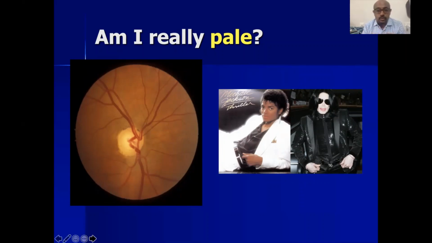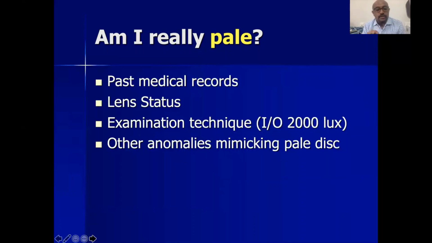If you knew that this disc looked pink in the past, from previous disc photographs or your examination record, and now you're seeing this, you know that you're looking at a pathological disc, a real disc pallor. So first things first, past medical records will help you when the patient is completely asymptomatic or has no symptoms which could be attributed to the abnormal appearance of the optic disc.